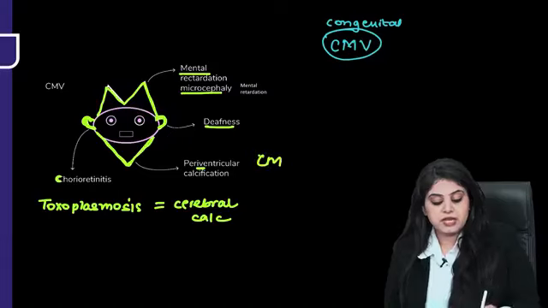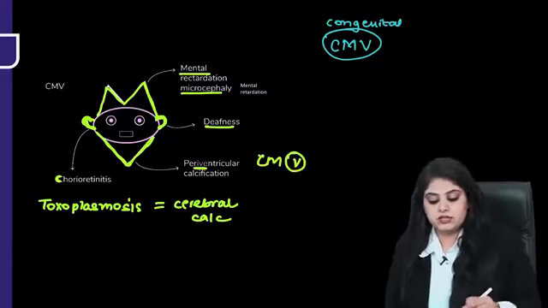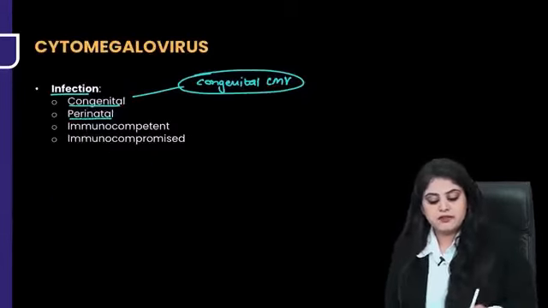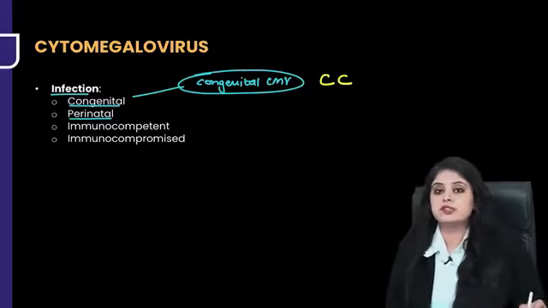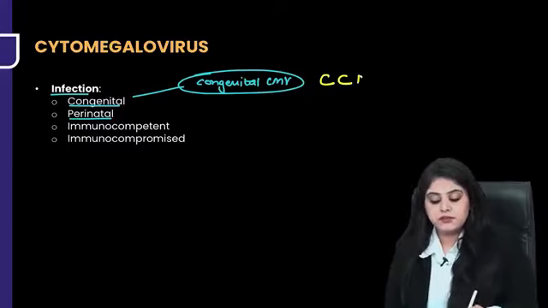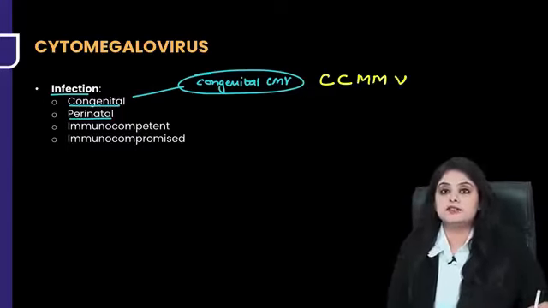Whereas in cytomegalovirus, the V that you have made will tell you that it shows you periventricular calcification. So repeating once again, what all do we have? The C looks like C for chorioretinitis. The C looks like ears, so sensory neural hearing loss. M for microcephaly and M for mental retardation and periventricular calcification.